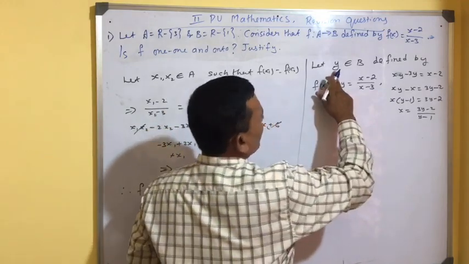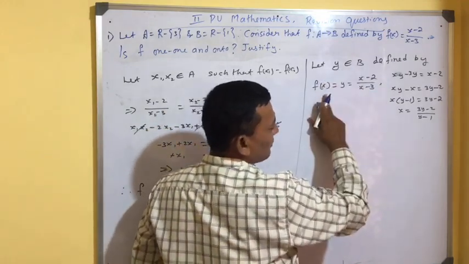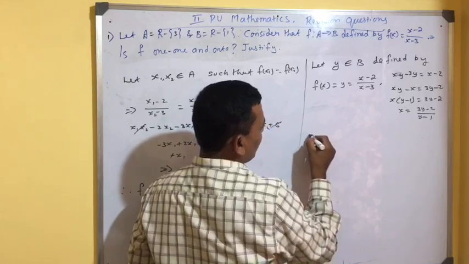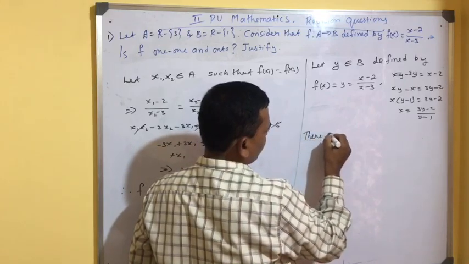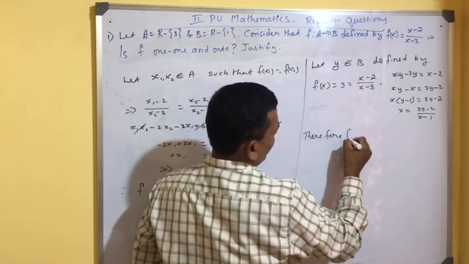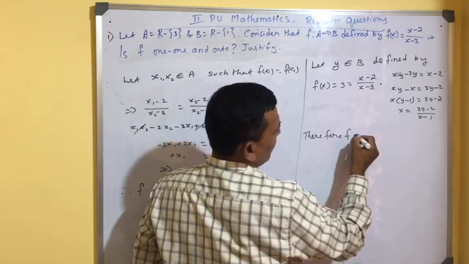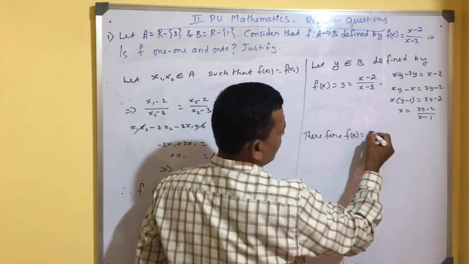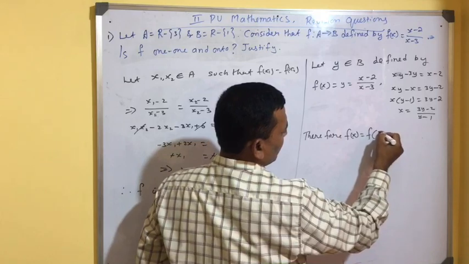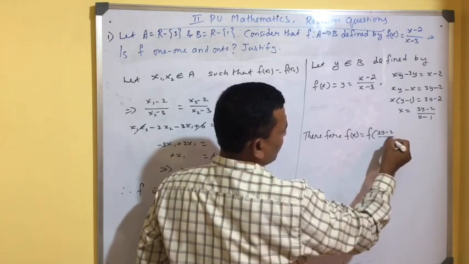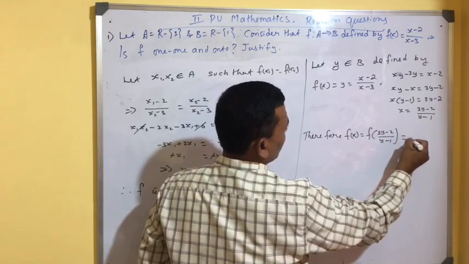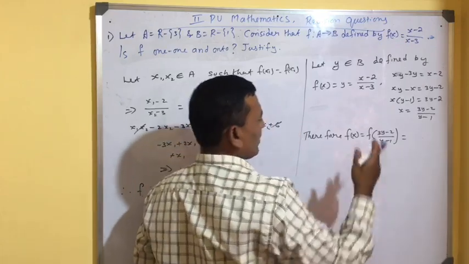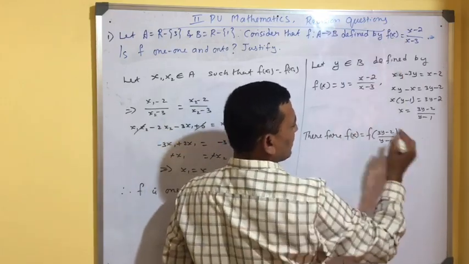Now for every y belonging to B, we have got x here. Therefore f of x is equal to f of 3y minus 2 divided by y minus 1. Now we can substitute in this function. If we get f of x equal to y, then it is onto.